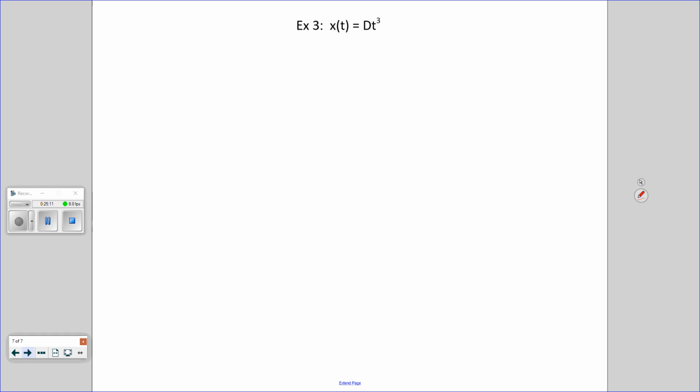We now know that if we've got this function, x of t is dt cubed, well, the algorithm says that dx dt is going to be 3 dt squared. That's the algorithm, right? Take this number, multiply in the front, take this, subtract 1 from it.